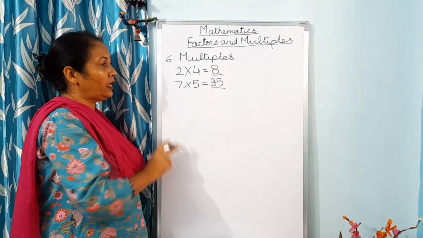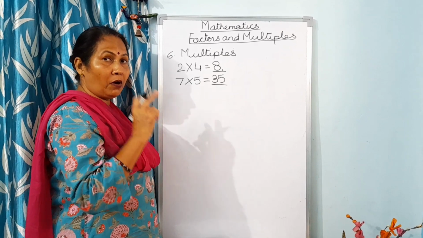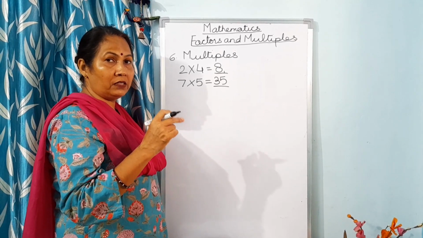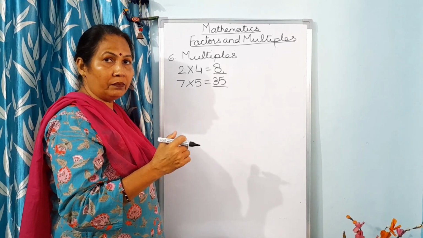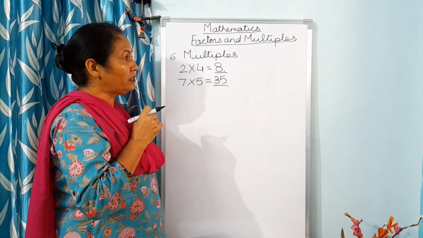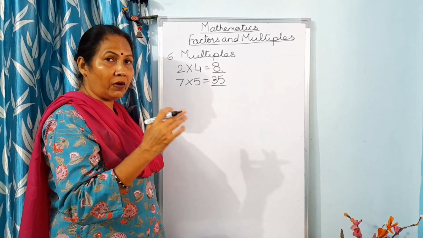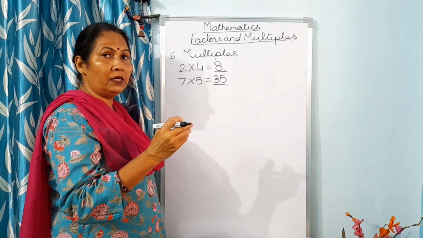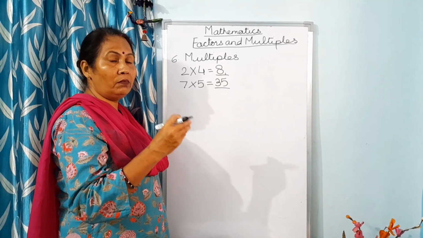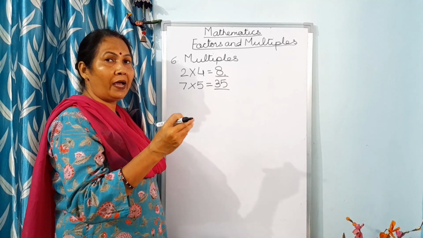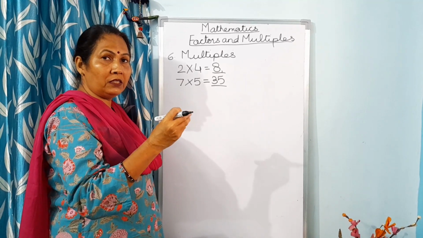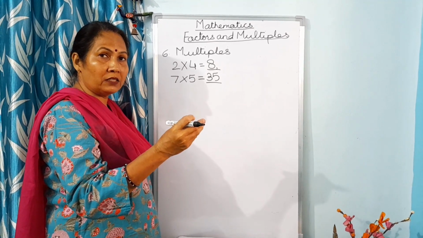Now children, as I have explained about factors, that the factors are countable, meaning they are limited. In multiples, they are not countable. Why? Because they are unlimited. You can go on multiplying the number into lakhs, into millions. You will go on getting the answer.